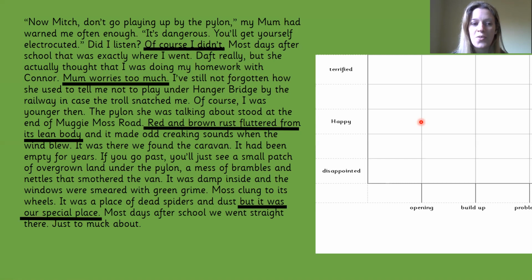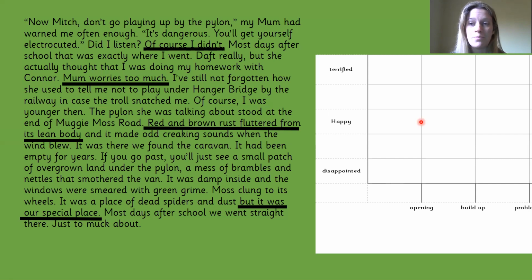Now, I want to pick out that part there, because before then, he's describing the caravan as not a very nice place. It's in a mess of brambles, it's smothered and covered, it's damp and dirty, the windows are full of grime, there's moss everywhere, there's spiders. It's somewhere that maybe I wouldn't want to go.